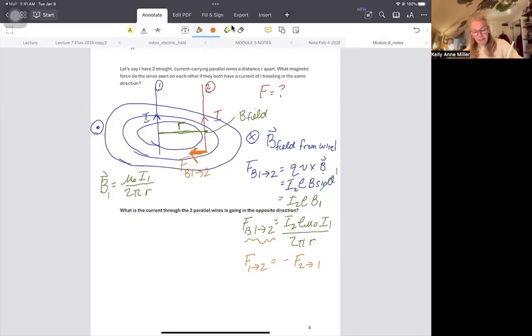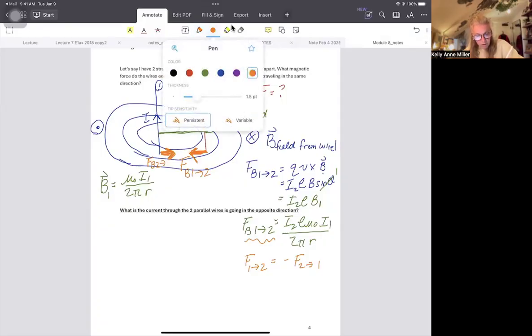Because they're equal and opposite, this wire is going to have an equal but opposite force here. So this is the magnetic force of 2 on 1.